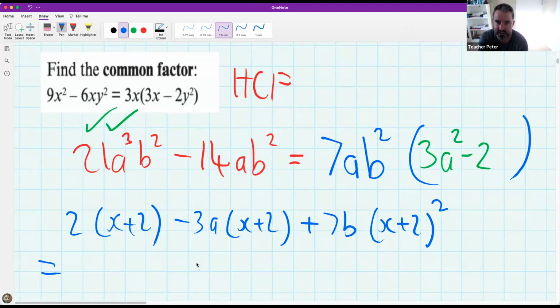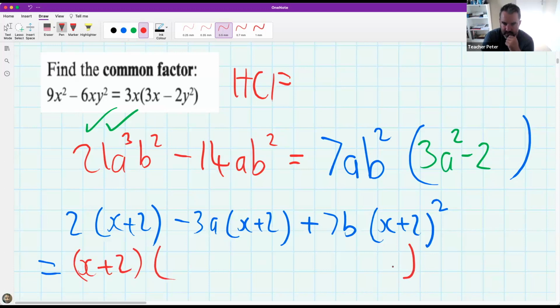And then just say done in the chat when you're done. There's going to be one sneaky thing that I think you all notice: there's definitely a common factor of x plus 2, but watch out for this one at the end because it has a squared.